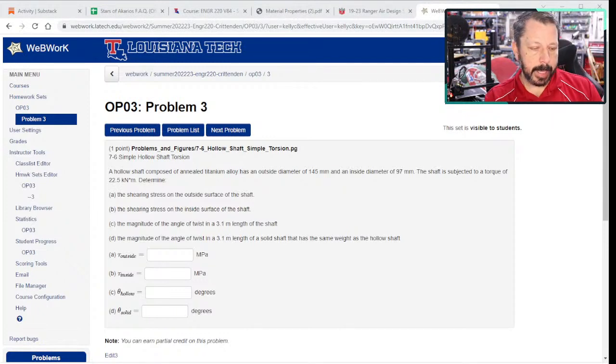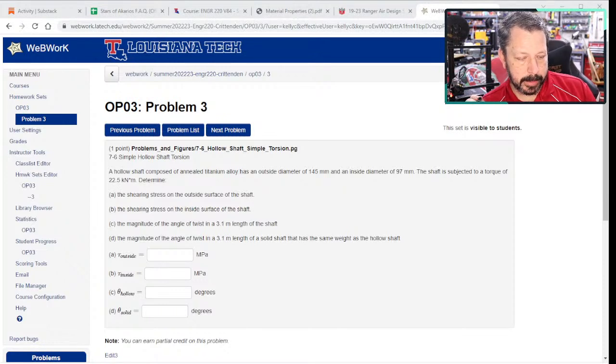Now part A is different from part B in that one of them wants to know the shear stress on the outer surface, so the outer radius, and part B wants to know the shear stress on the inner radius, inner surface. So that will be different values of rho.